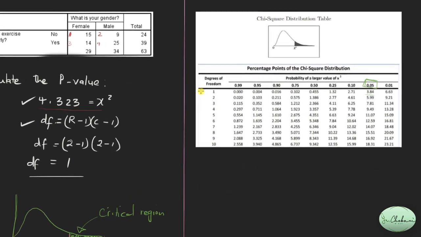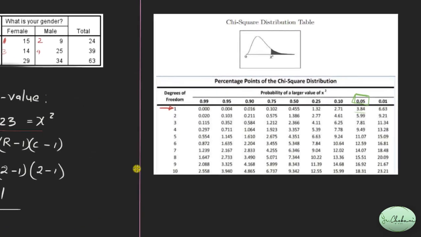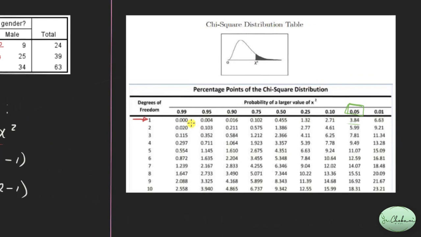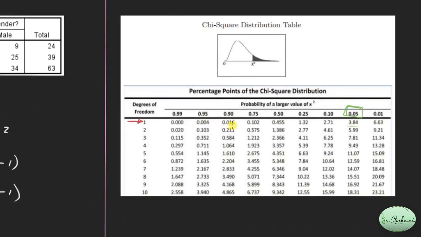So we go to 1 degree of freedom, that's our row, then we go across. We have 0.016, 0.102, 0.455. We still have to go further. We have 4.71, 3.84. We are getting closer, and then we have 6.